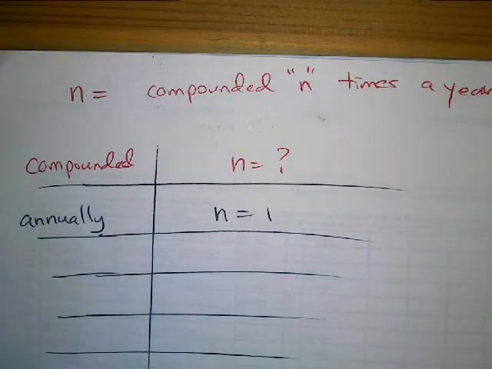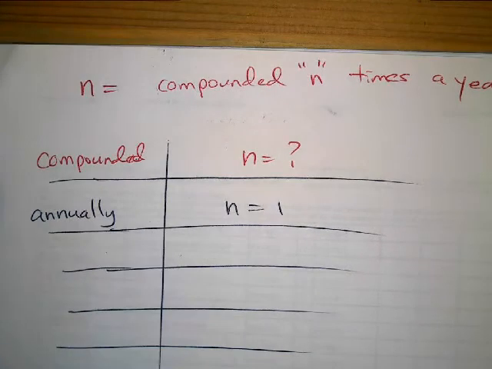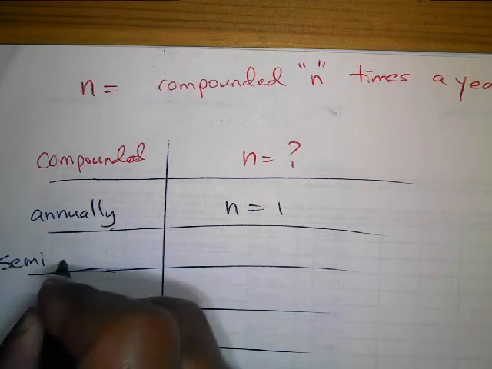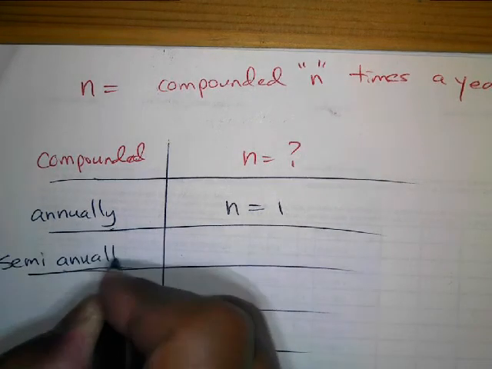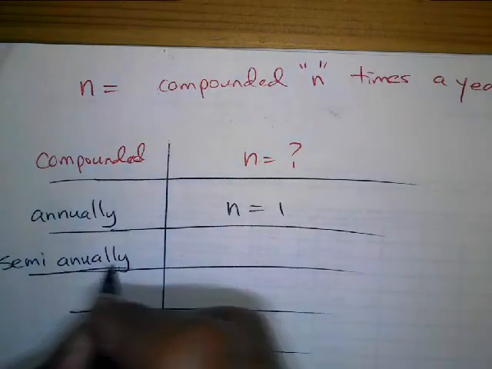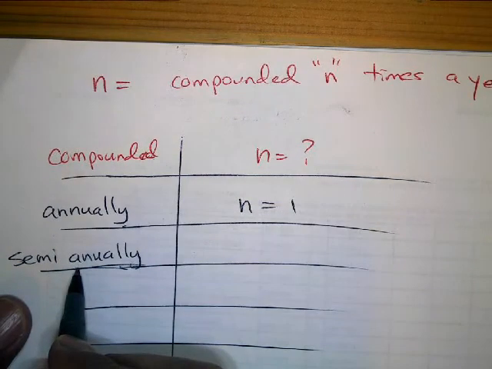What would it mean if it's twice a year? What would be the way for them to say that it's twice a year? Well, you're going to hear this phrase, semi-annually, and you'll see that in an example. It's actually one word put together.